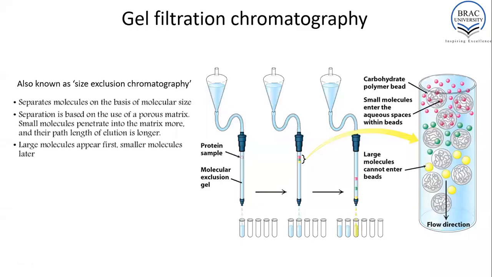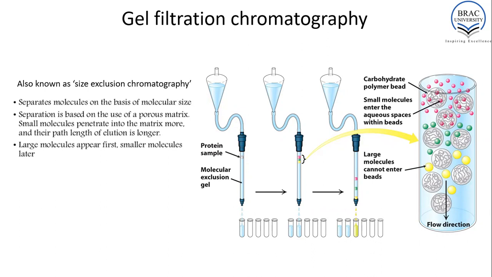Next is gel filtration chromatography, which is also known as size exclusion chromatography. This is again based on molecular size. The smaller particles of protein actually penetrate inside the matrix of the stationary phase, and the bigger particles pass through those matrices. So at the end of the chromatography, the bigger particles are separated first, and then the smaller particles.